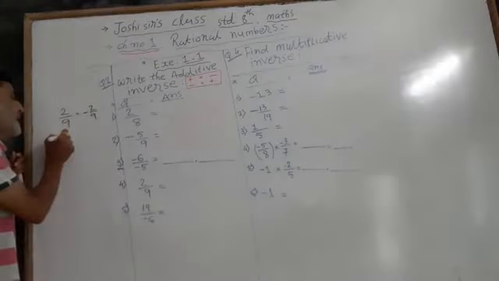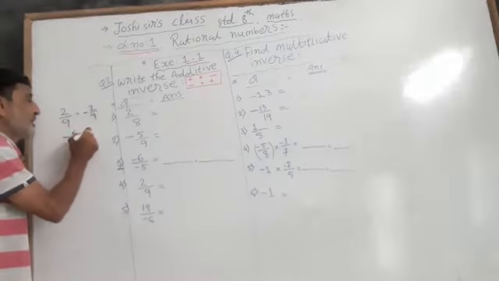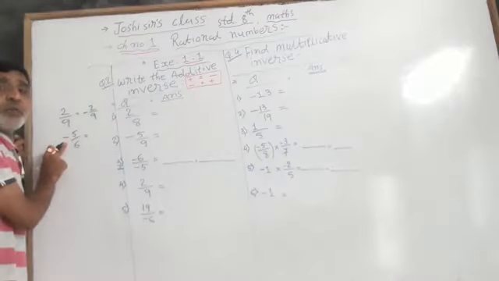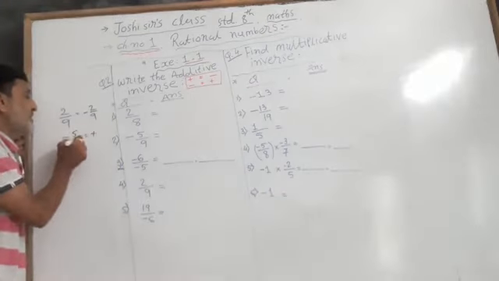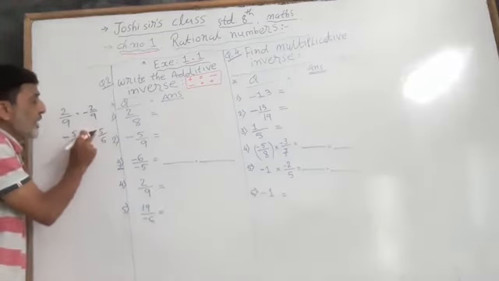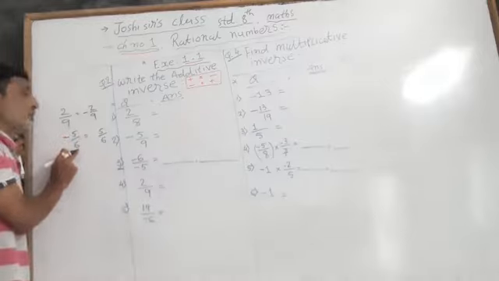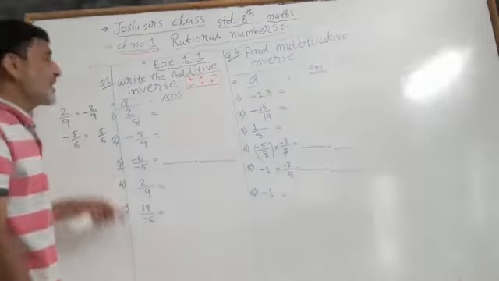Second example, suppose minus 5/6. See here, first the sign is minus, so what will we have to do? The sign will be changed, so minus sign changes into plus and the answer is 5/6. But the plus sign is not necessary here, you can write directly 5/6. Now you understand this example.